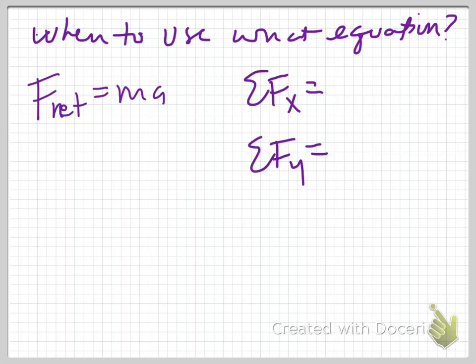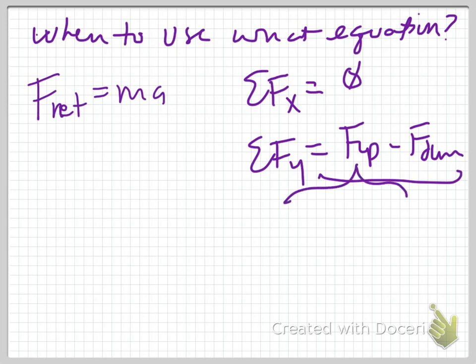So if we take some example, where sum of forces on the x is 0, so it's not moving laterally, but it has some force on the y, that's when we start with all the forces up minus all the forces down, and then figuring out what those forces up are, what those forces down are.